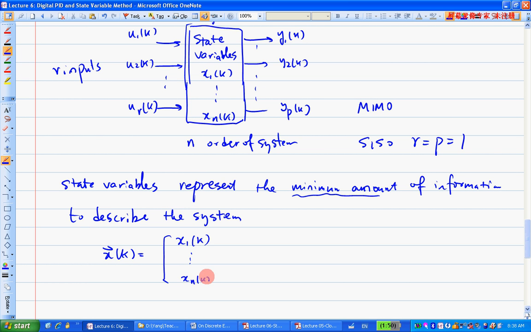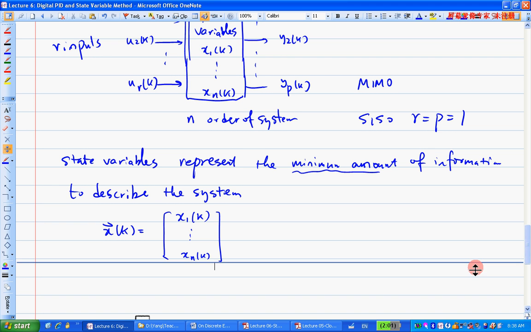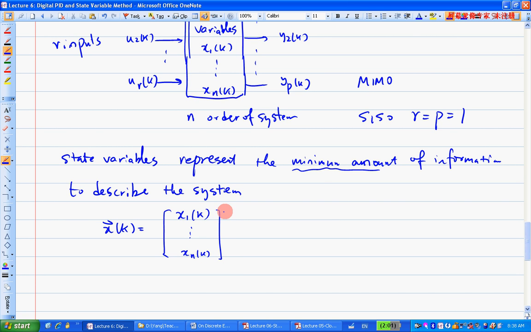In mathematics there's a war between column vectors and row vectors. Sometimes people use the row, sometimes the column, and we'll use column vectors here. You can also write it in a row, but you have to put a transpose here. Was that clear? That's basically the idea of state variables.